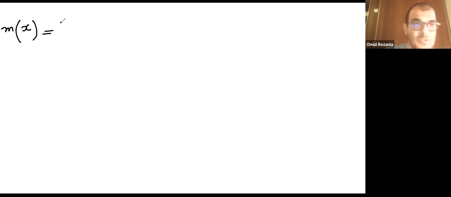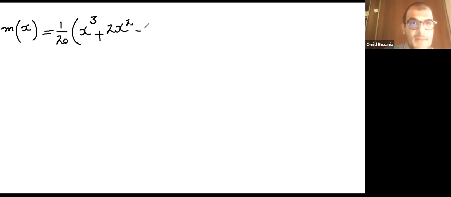Okay, I push it up. I'm just going to write the function which I have. The function is m of x, my function, this is called m. It's equal to 1/20 x cubed plus 2 times x squared minus 15x.